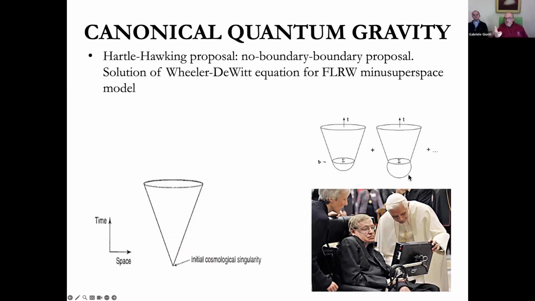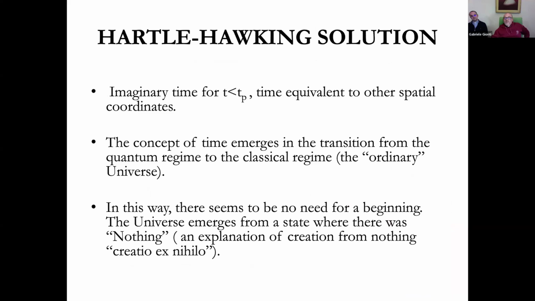A sphere does not have a particular point on its surface, while a cone has a particular point and gets a beginning. The sphere does not have a beginning, so every point is equivalent. So there is no beginning. And so the idea of Hartle and Hawking is that below the Planck length you have this Euclidean phase, and there is no real time.